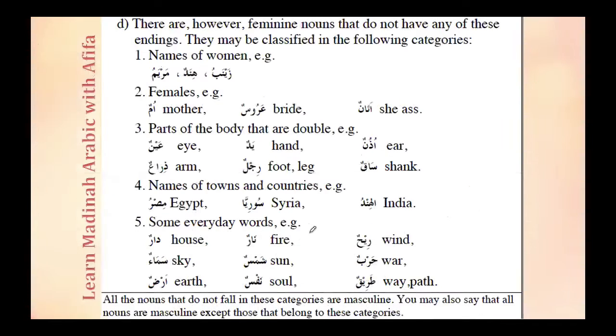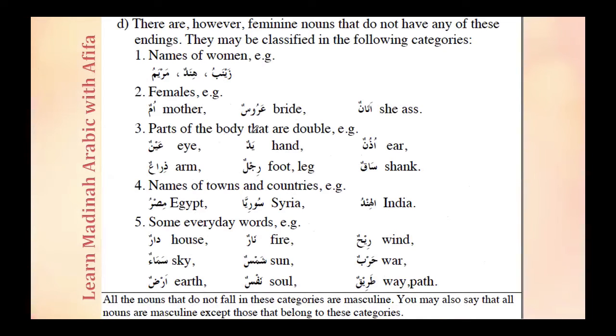Now we talked about names of women. Zainabu doesn't need a ta marbuta at the end. It's a female name, so it has to be feminine. Same with Maryam. Ummun, Arusun, it doesn't have a ta marbuta at the end, but Arusun has to be feminine because it's referring to a bride.